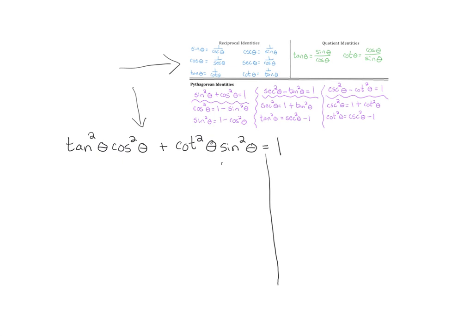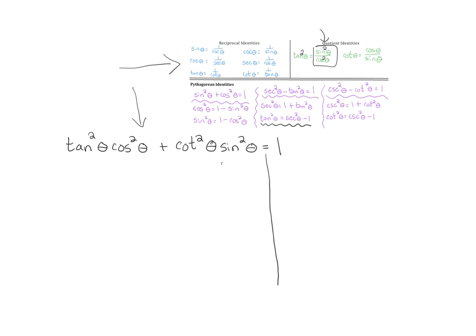So let's think. Tangent squared. If I look here, well, I have tangent squared equals secant squared minus 1, but I also have that tangent equals sine over cosine. So tangent squared would also equal sine squared over cosine squared. So I'm going to actually try that one.